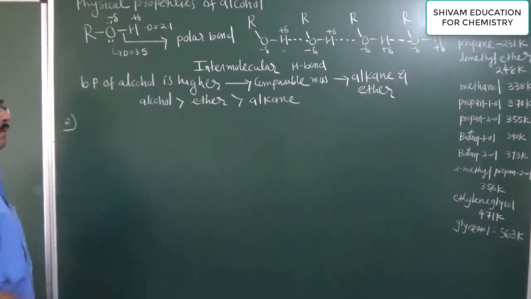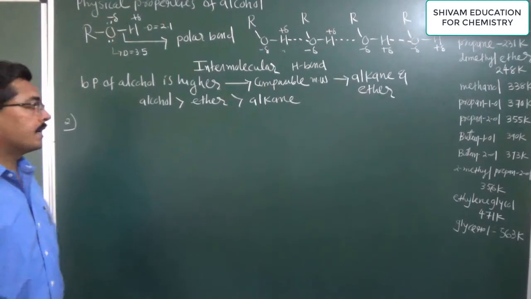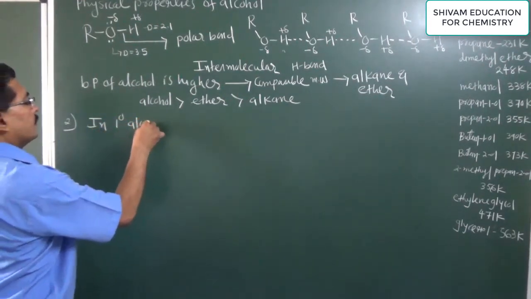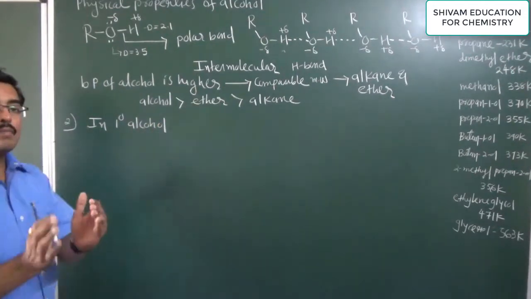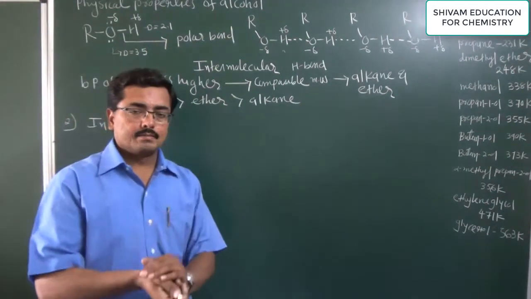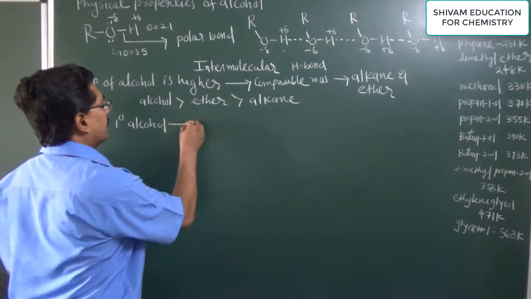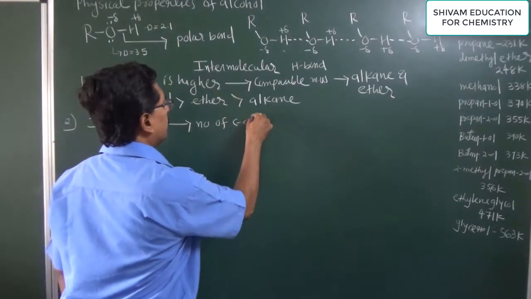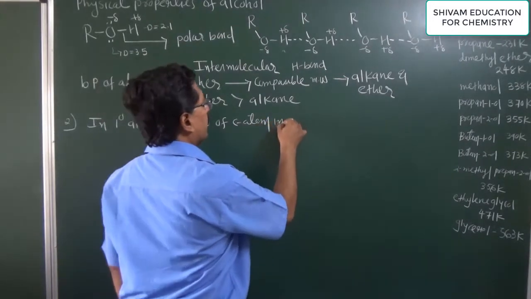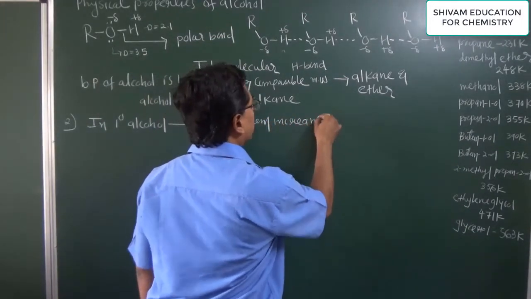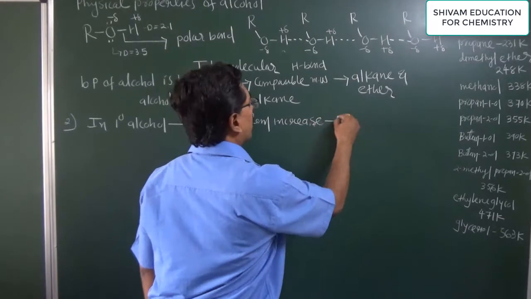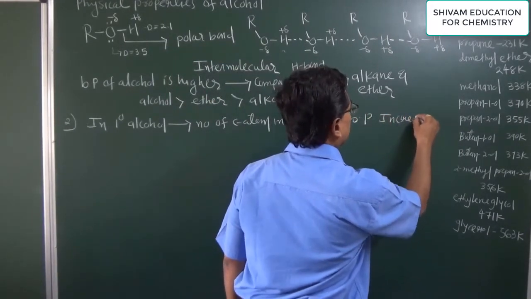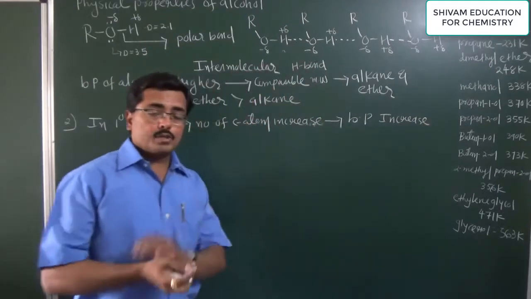Now the second physical property. In a primary alcohol, that is, a 1 degree alcohol, as the number of carbon atoms increases, the boiling point will increase. Why? The question will arise.